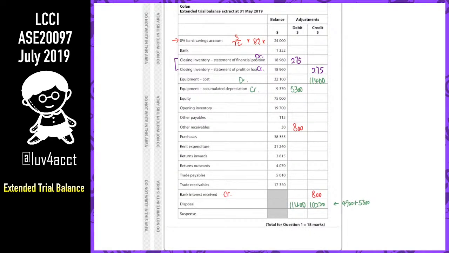Returns out 680 is on the credit side, so if you want to reduce, then you debit it. And then it goes back to returns in, the correct amount 860. 1540 goes to the suspense account.